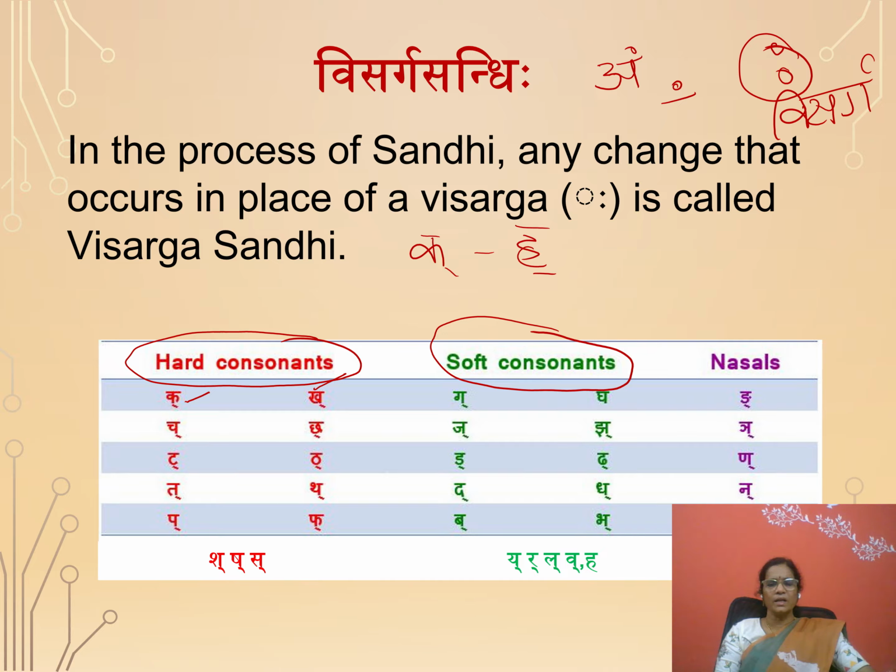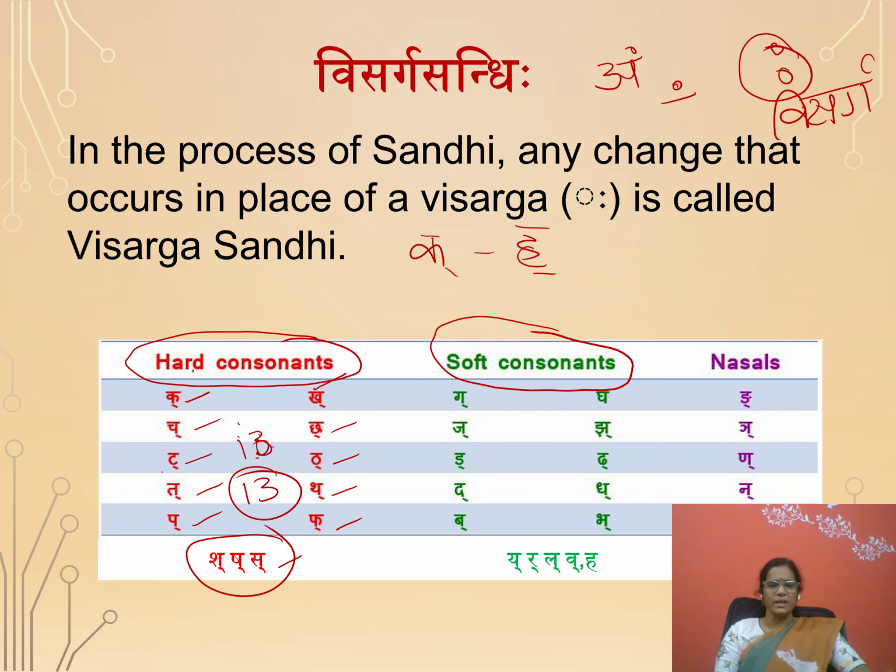That means kavarga's first two letters ka, kha, chavarga's first two letters cha, chha, tavarga's first two letters ta, tha, tavarga's first two letters ta, tha, pavarga's first two letters pa, pha. These 10 letters and sa, sha, sa, these 3 letters, so total 10 plus 3, 13 letters.